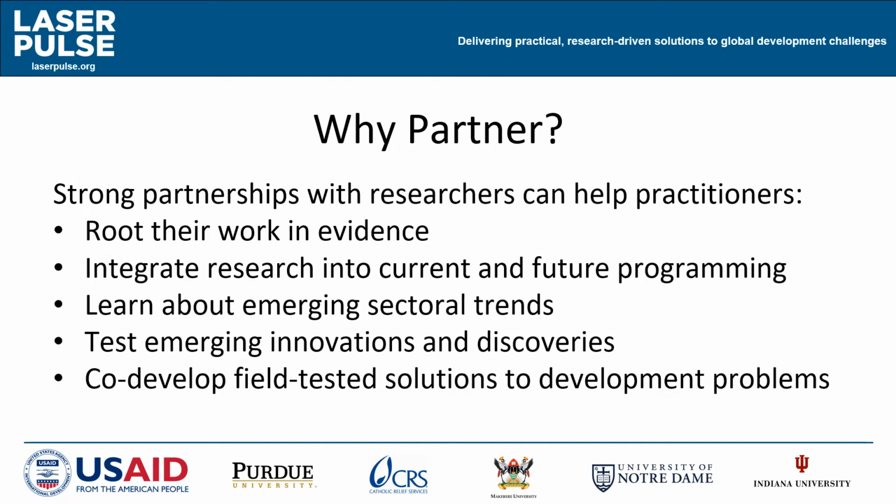Conversely, strong partnerships with researchers can help practitioners root their work in evidence, integrate research into current and future programming, learn about emerging sectoral trends, test emerging innovations and discoveries, and co-develop field-tested solutions to development problems.